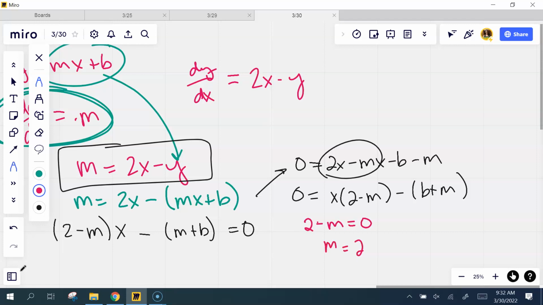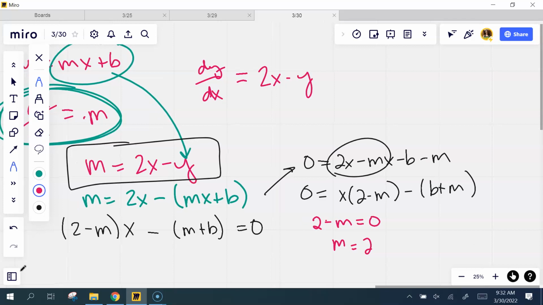Okay, wait, let me think, because this looks just like... and then they said b equals negative m, so b equals negative 2. There's a point if you got that answer.